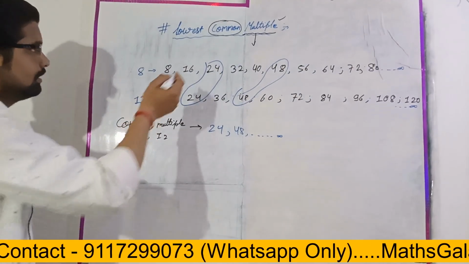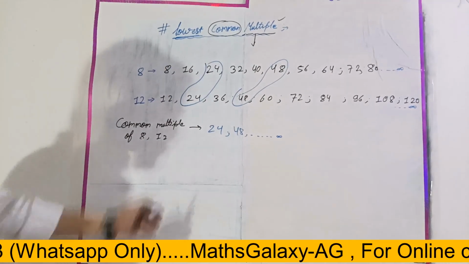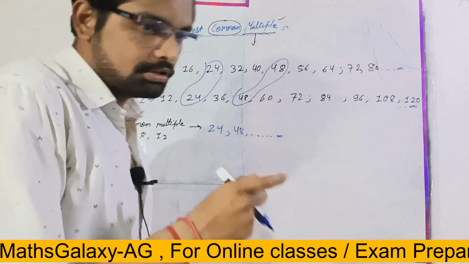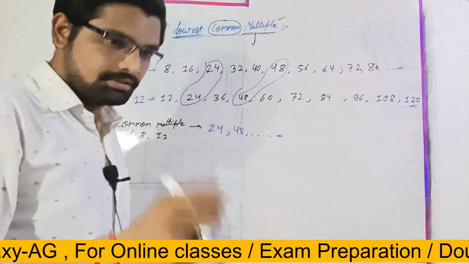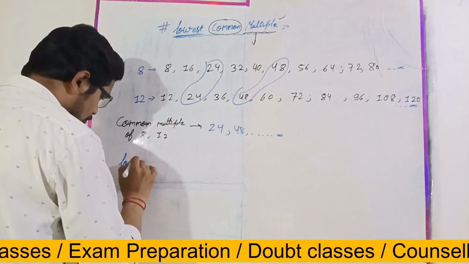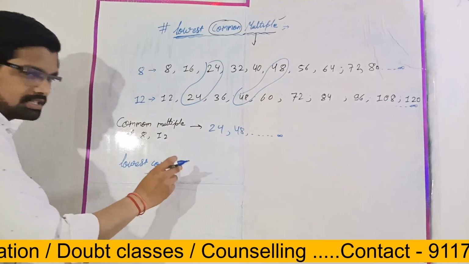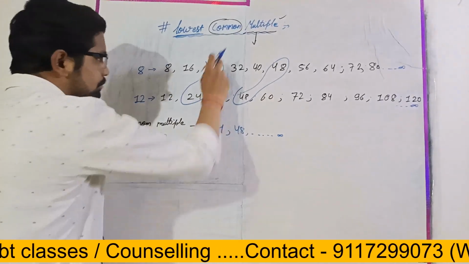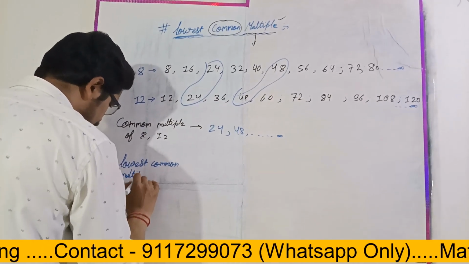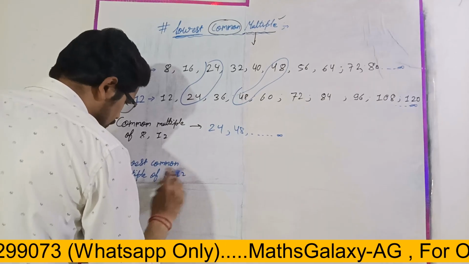Now see the word lowest. Lowest means smallest, right? Lowest means the smallest one. So now see here, lowest common multiple of 8 and 12.